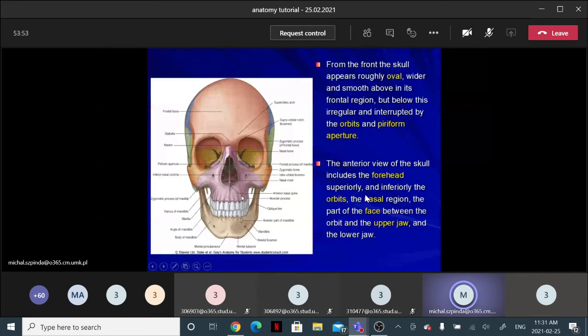In front, just at the inferior boundary of the piriform aperture in the middle, is the anterior nasal spine.